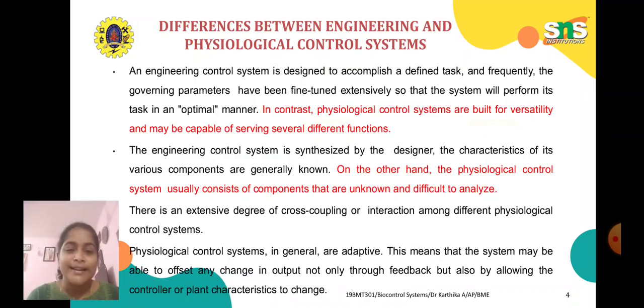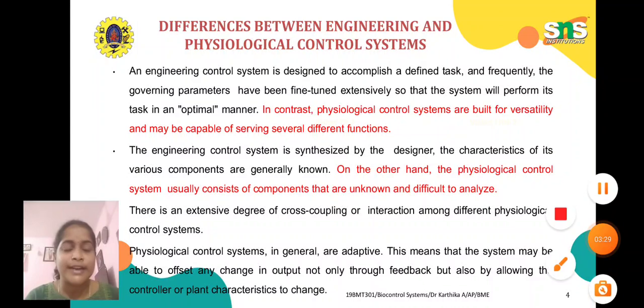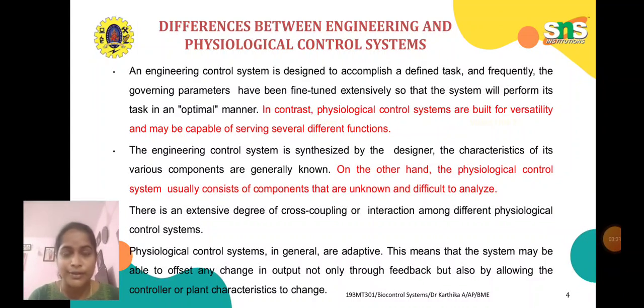See, here we have a difference between engineering and physiological control systems. We have studied so much about engineering control systems, and what is the need for this physiological control system? How do we connect engineering as well as physiological control systems? In the previous slide we have seen an example of muscle stretch reflex action.